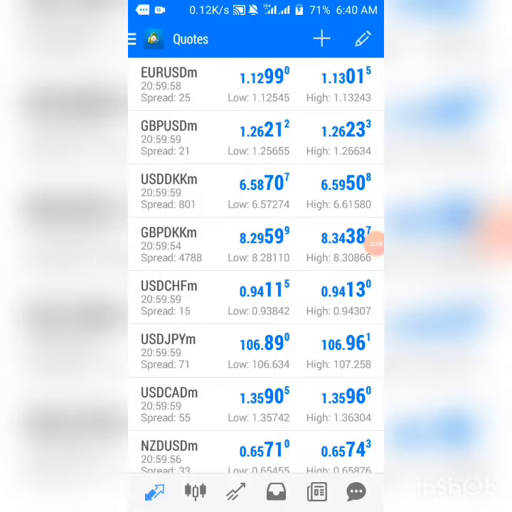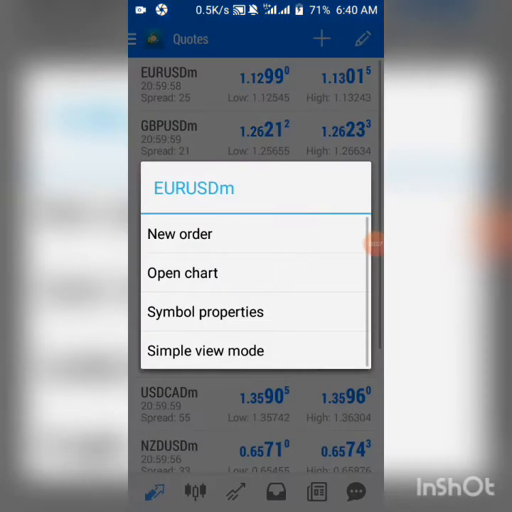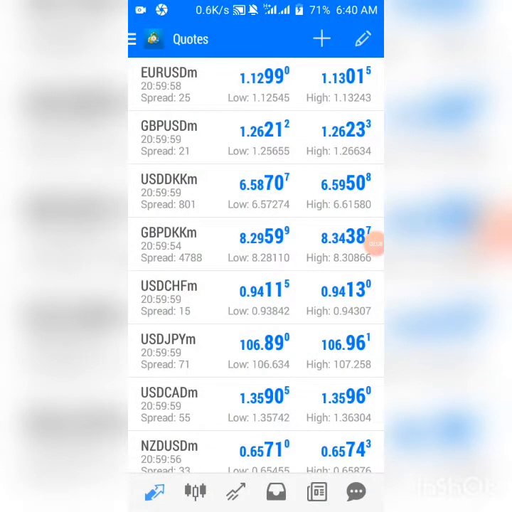So on the quotes, for Euro USD you have the figure here, 1.12990 and then 1.13015. These two figures show us the ask price and the bid price.